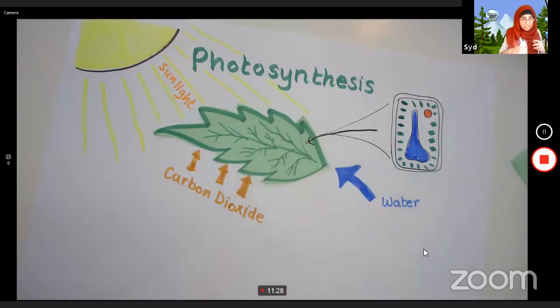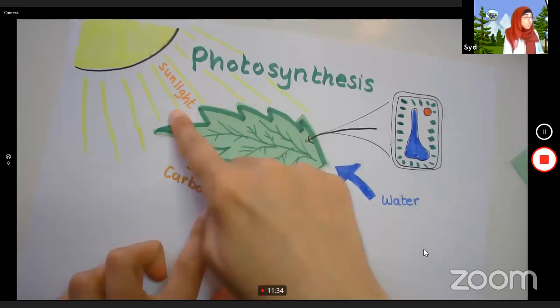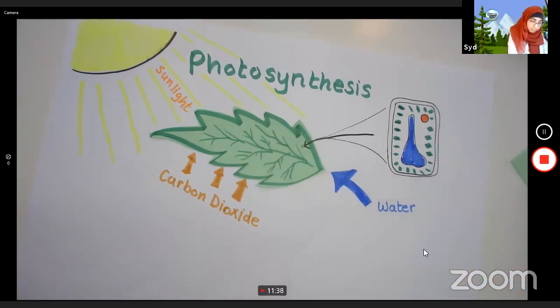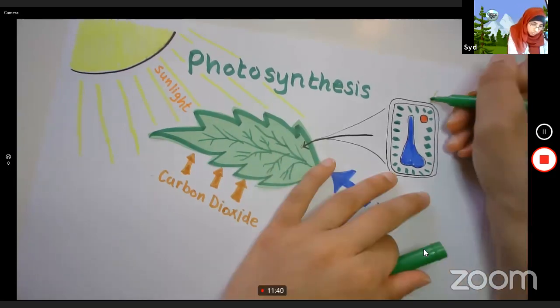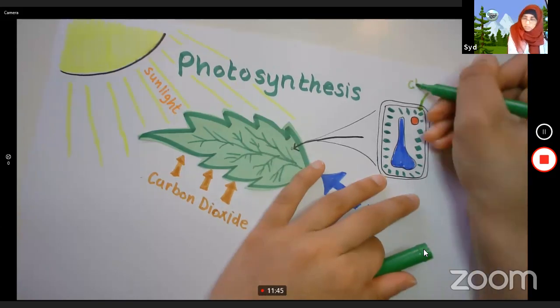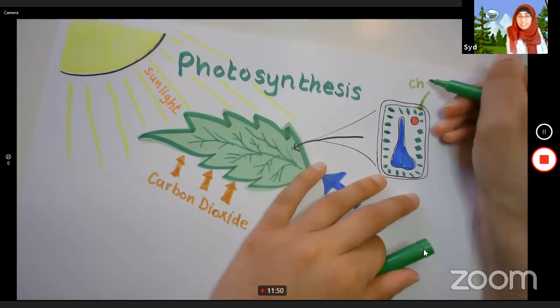So the fourth thing, we've done three things already. We've done water, we've done carbon dioxide, we've done sunlight. The fourth thing you're going to need is chloroplasts. So I'm going to draw an arrow right here. It's the chlorophyll inside the chloroplast.